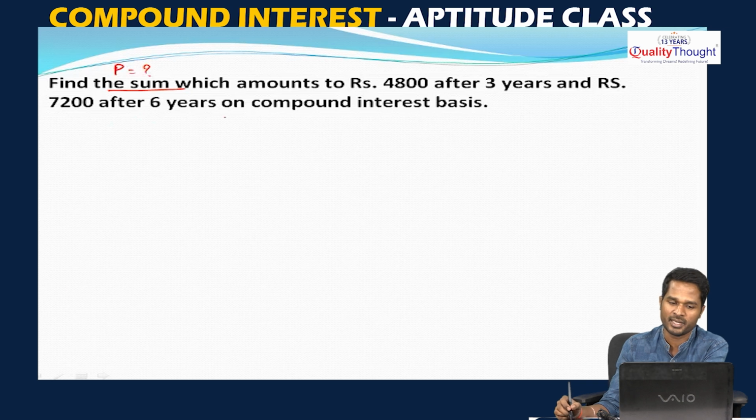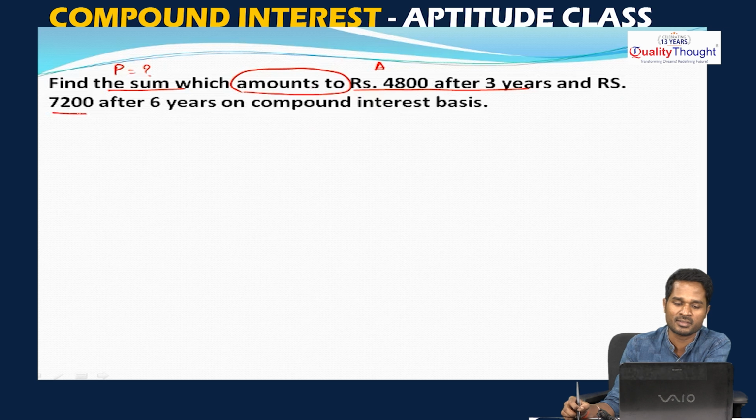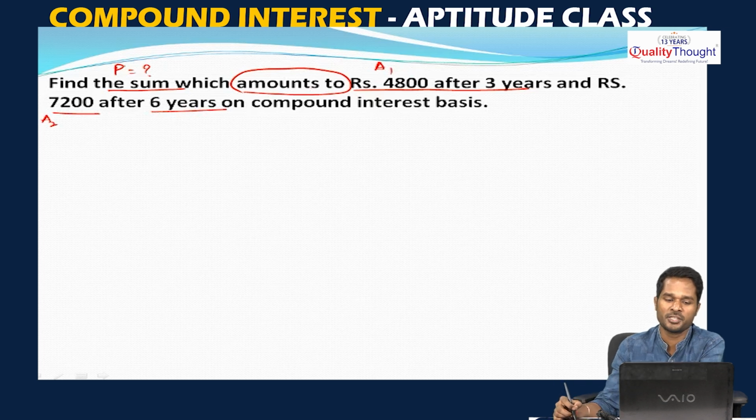How much money will become a total amount of 4,800 after 3 years and a total amount of 7,200 after 6 years. Consider this as A1, this as A2. So a principal amount P will become 4,800 after 3 years and 7,200 after 6 years on compound interest basis. So we need to find the P value.